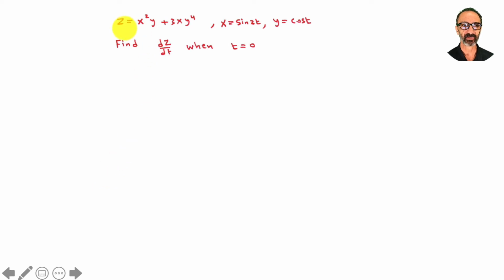Here's an example. z equals x squared y plus 3xy to the 4th, such that x is a function of t, as you could see, and y is a function of t. We want to go all the way to t and find dz/dt when t equals 0.